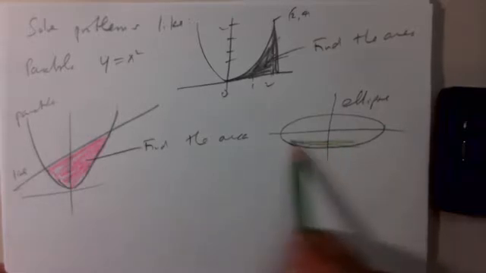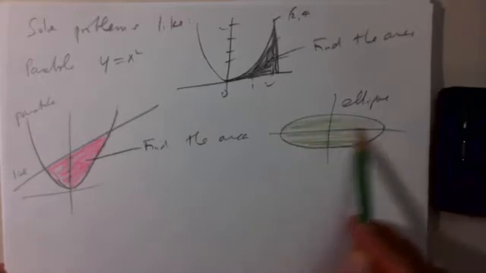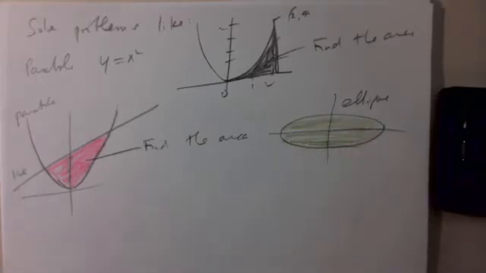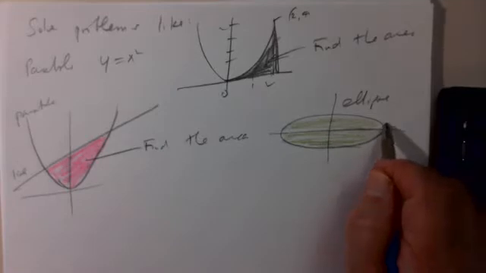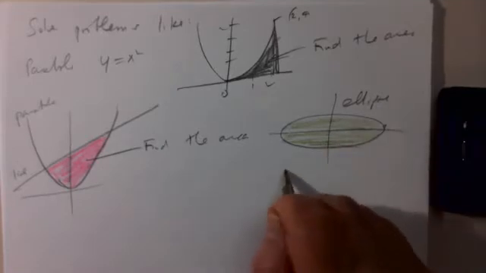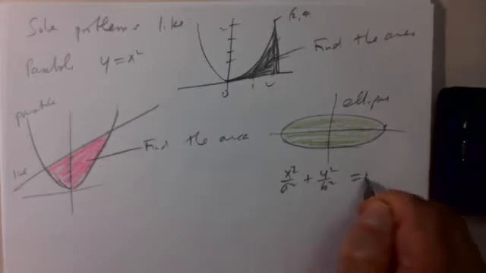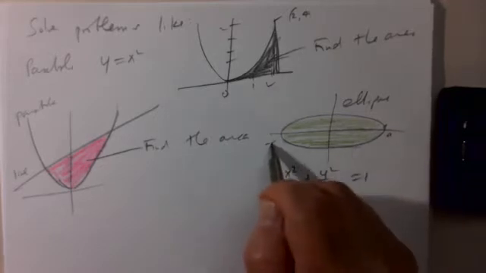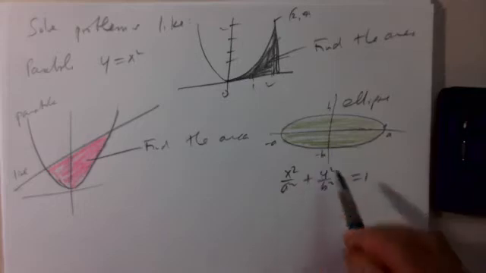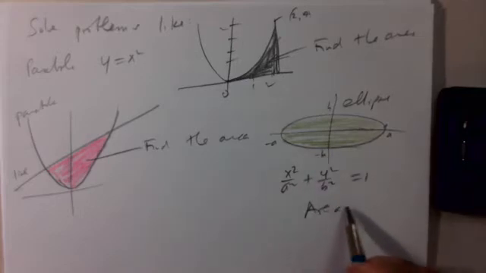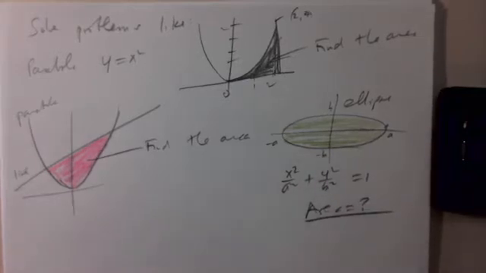Here's the area in green. What is it? Suppose the ellipse is given by the equation x squared over a squared plus y squared over b squared equals 1. So this is a, minus a, b, minus b. What is the area?